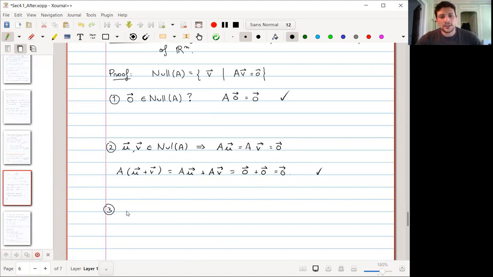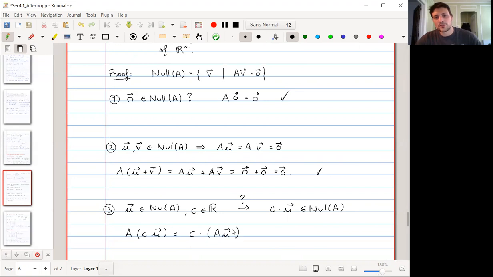The last check is that if u belongs to the null space of A and c is any scalar, we want to check whether c times u belongs to the null space of A. And the way we do that is by just multiplying A by cu, but by the properties of the matrix product, we can factor out the constant, and this says that the result is c times the 0 vector, which is again 0.